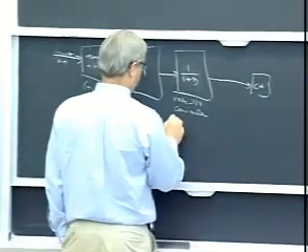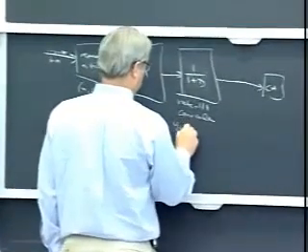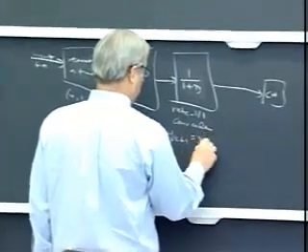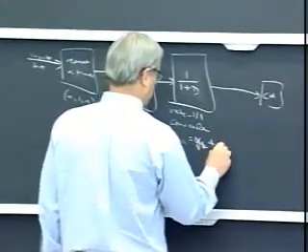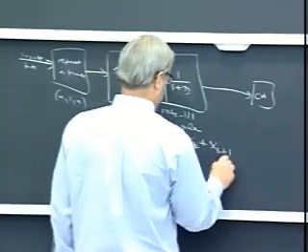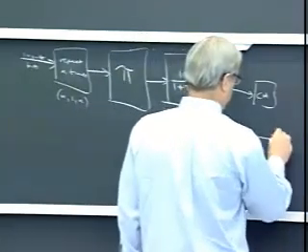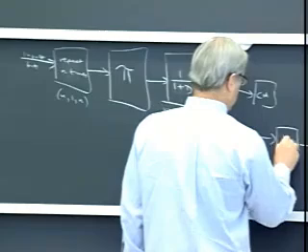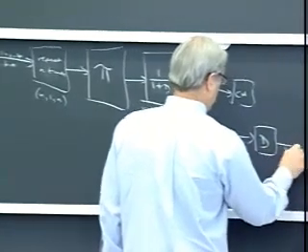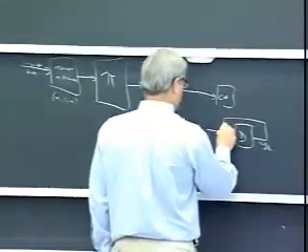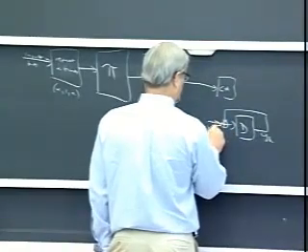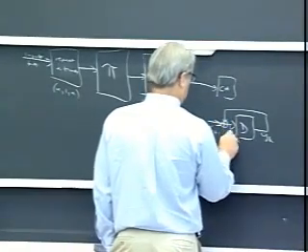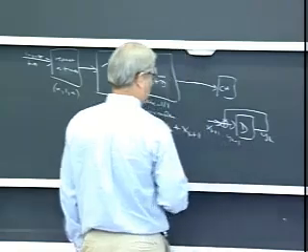That means that y_{k+1} is equal to y_k plus x_{k+1}. So we have x coming in. Here's one delay element. Here's y_k coming out. And there's what that looks like: x_{k+1}, y_{k+1}.